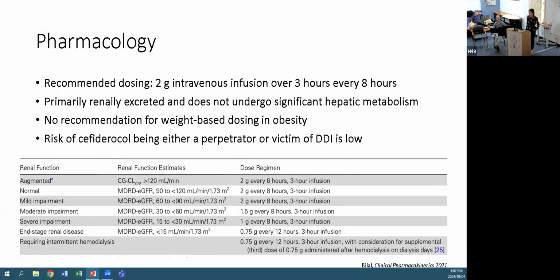Cefiderocol is primarily renally excreted, and dose reduction is required for renal impairment. Cefiderocol does not undergo significant hepatic metabolism, and dose adjustment is not required for hepatic impairment. Currently, there are no recommendations for weight-based dosing in obesity. The risk of Cefiderocol being either a perpetrator or victim of drug-drug interactions appears to be low.